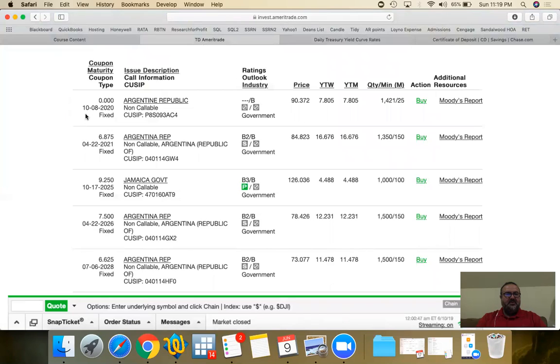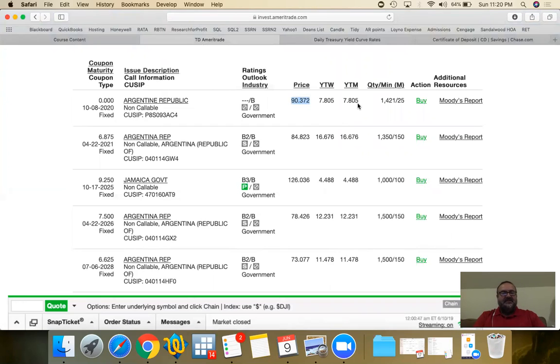So this will mature on October the 8th, 2020. It has a fixed coupon, and it has a price of $90.372. This makes our net yield 7.8% per annum. This is investing now and getting our money back in October.